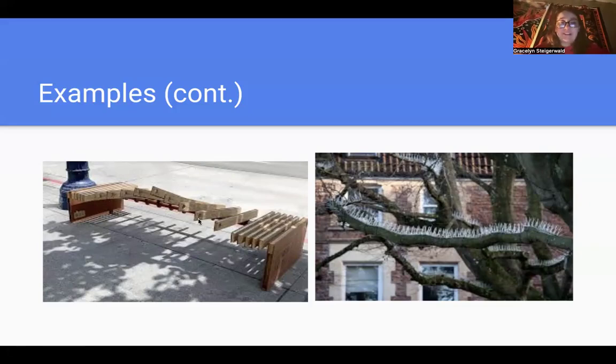It looks kind of uncomfortable to sit on. And then second, in the big cities that have limited grass where homeless people can sit down, they might climb into trees to get off of the hot pavement, and so they have added spikes to trees.